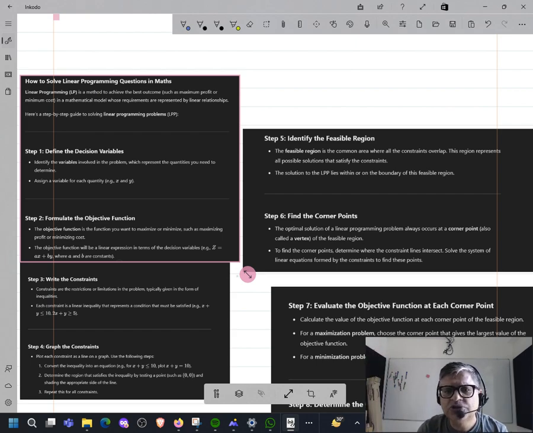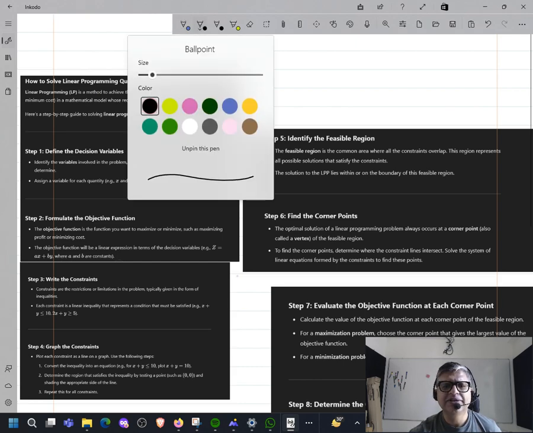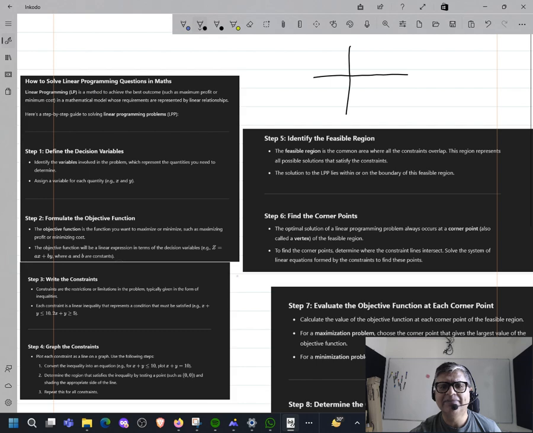Now, what are you supposed to do? Find the feasible region, the common area where all the constraints overlap. So if you have two lines, for example x plus y is equal to 60, which is say this, and the second equation looks like this.